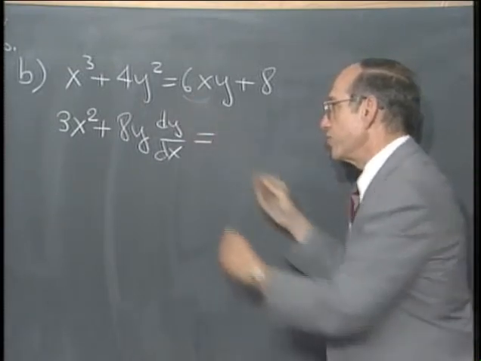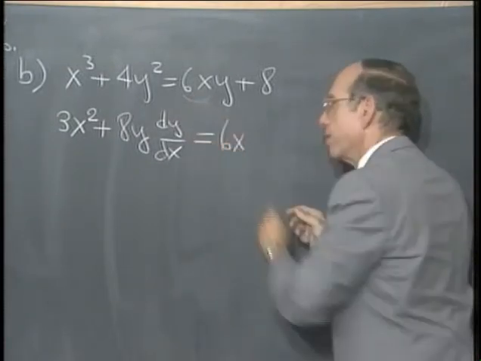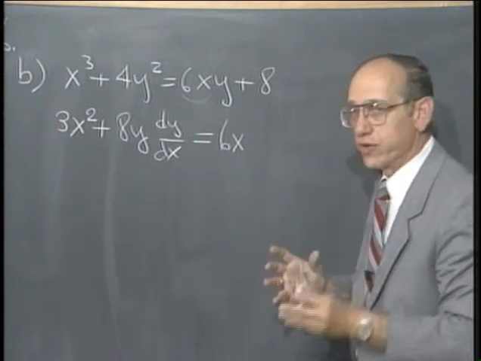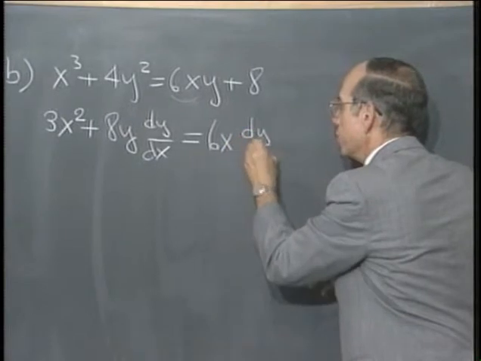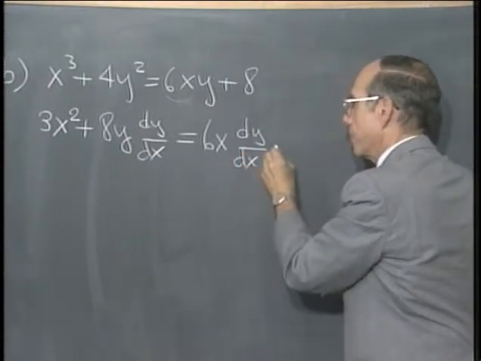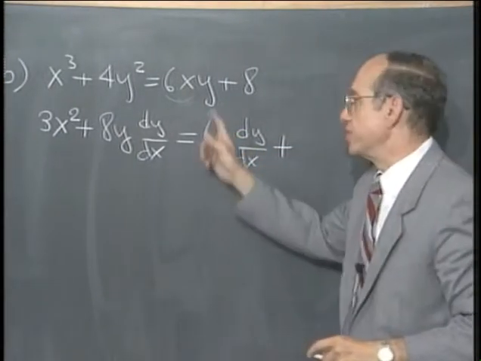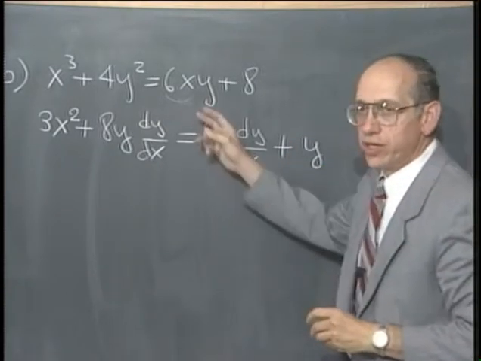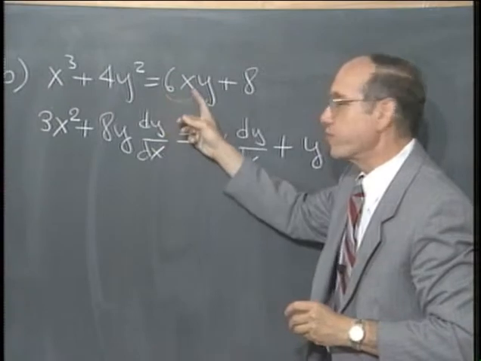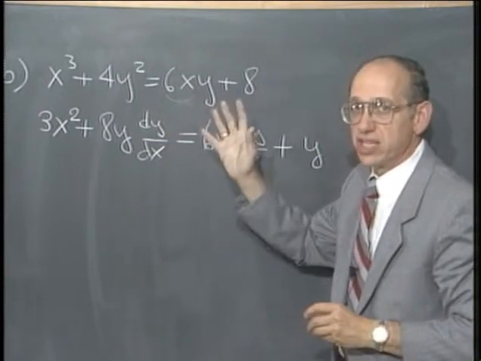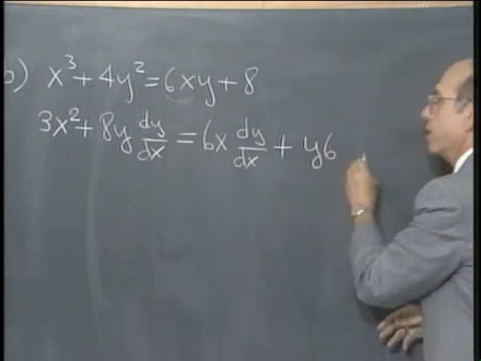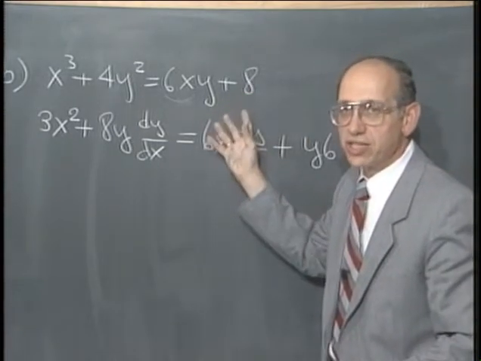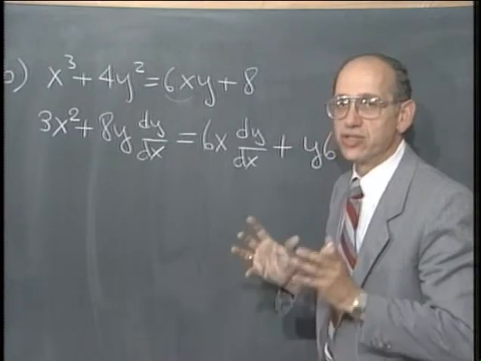So, first factor is 6x times the derivative of the second factor. y is some function of x, so the derivative of y is dy/dx, plus the second factor, that's y, multiplied by the derivative of the first factor. The derivative of 6x is 6. Plus the derivative of 8. 8 is a constant. The derivative of a constant is 0.